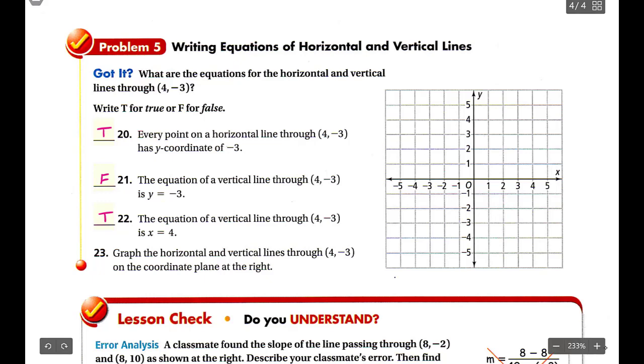horizontal lines, as I mentioned before, let me write this down here for you. Horizontal is y equals some constant, and then vertical lines are going to be x equals some constant. So for our purposes, the horizontal line that goes through 4, negative 3 is y equals negative 3.